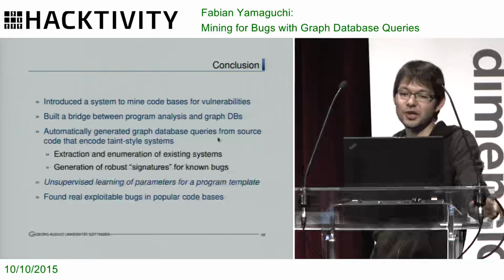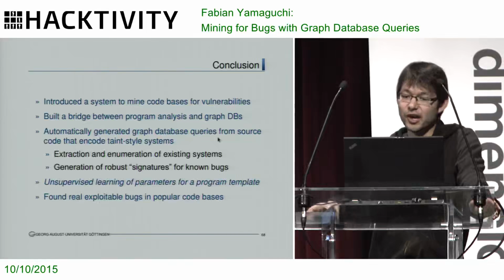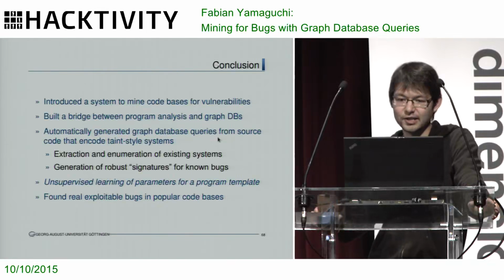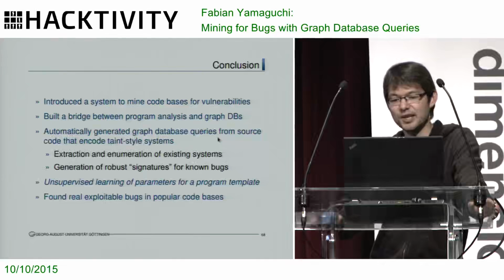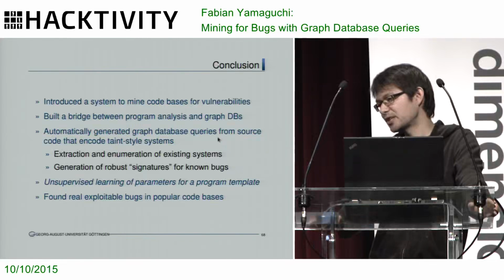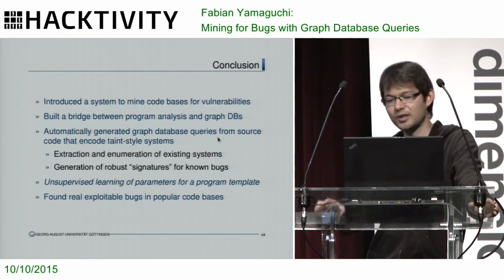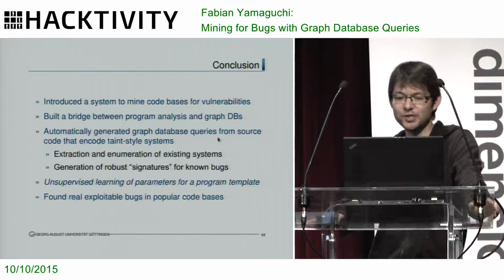All right, conclusion. I introduced the system to mine code bases for vulnerabilities, and it builds a bridge between program analysis and graph databases. And you saw that you can not just specify these traversals, these search patterns, by yourself, but also you can get the system to enumerate what's there using learning techniques.